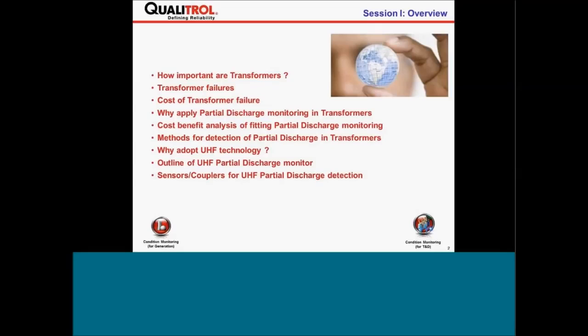Really, the beginning is looking at failure rates, why we should think about monitoring of transformers, what the typical defects are that can happen in transformers, the effects, also the costs involved should a failure happen in a transformer.